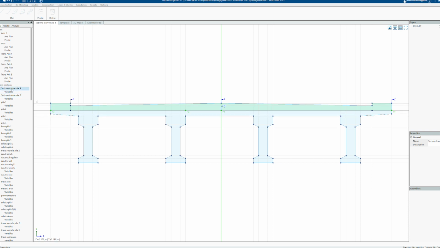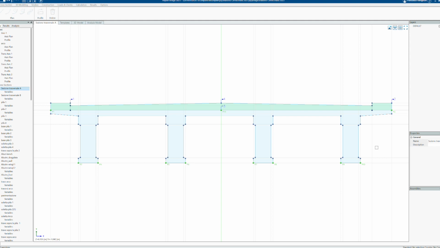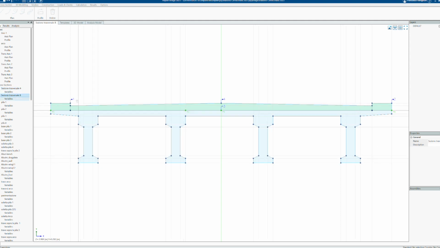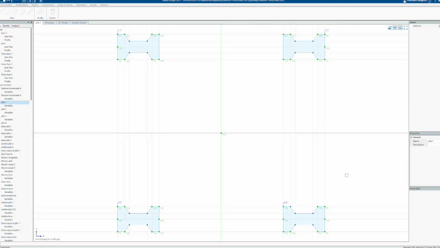Afterwards, we moved on to defining the sections of the 4 pylons, and each pylon independently, to show the frame structure. Now, there are 4 double T sections connected along their heights with transversal beams.